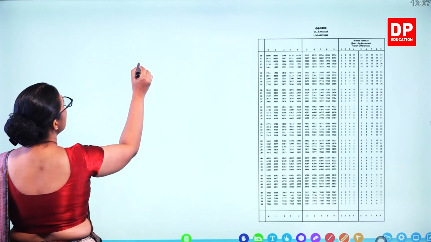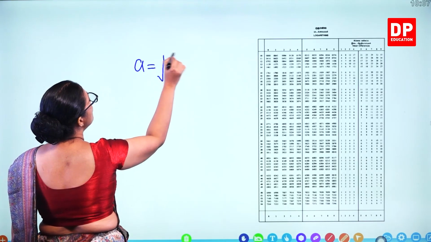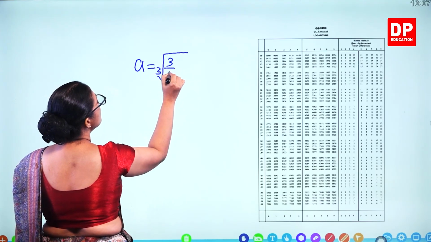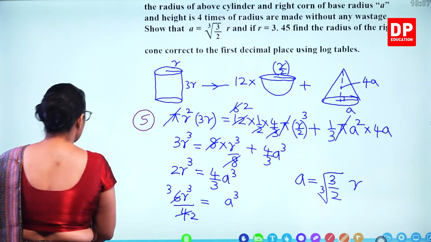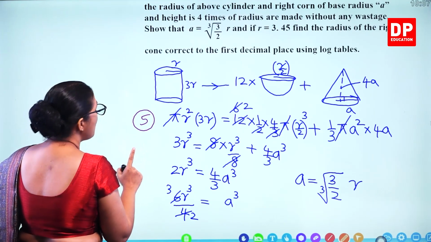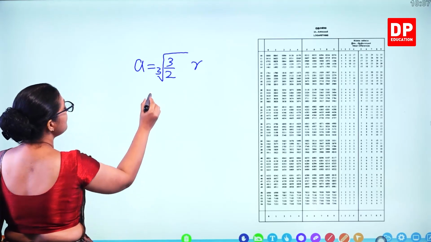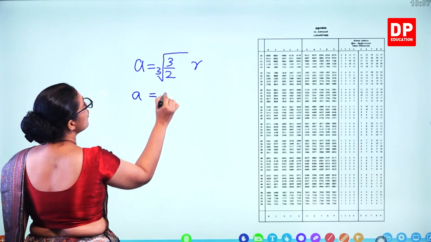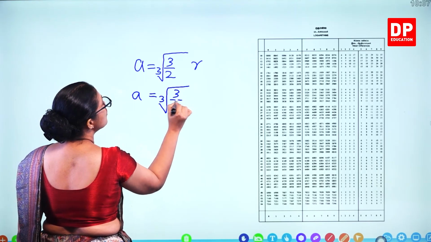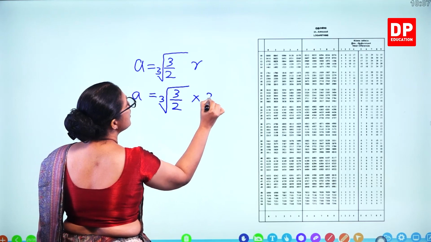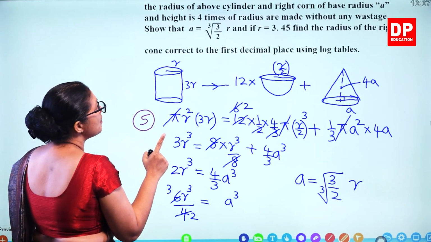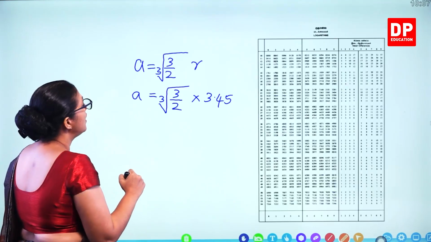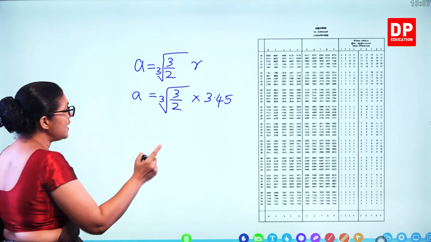So what's the a value? Cube root of 3 over 2 r. R is 3.45. Cube root of 3 over 2 into 3.45. Now take log both sides.